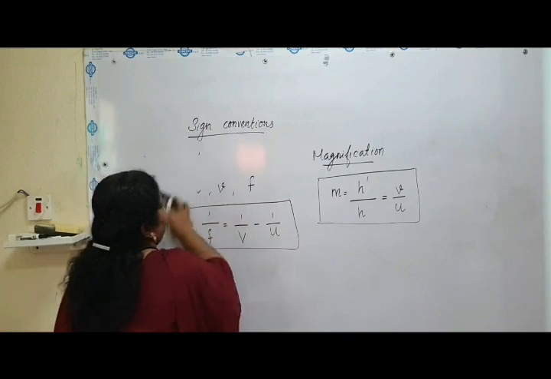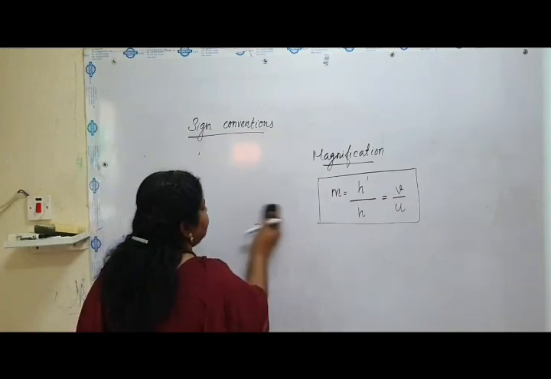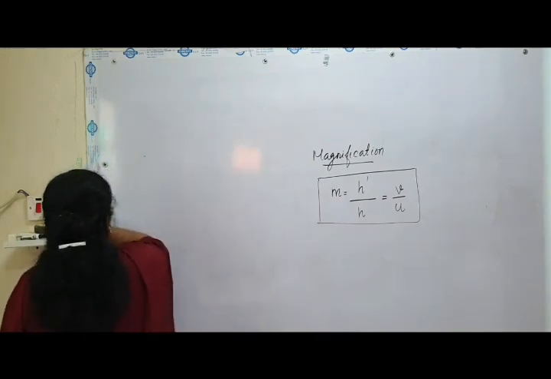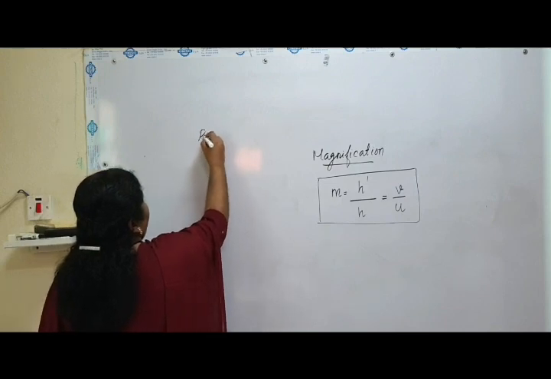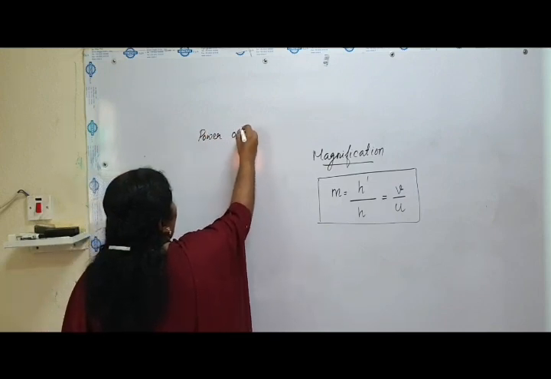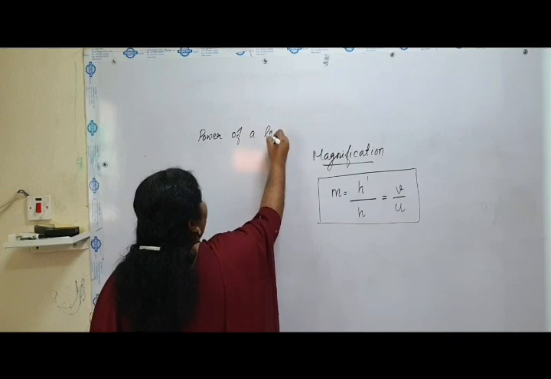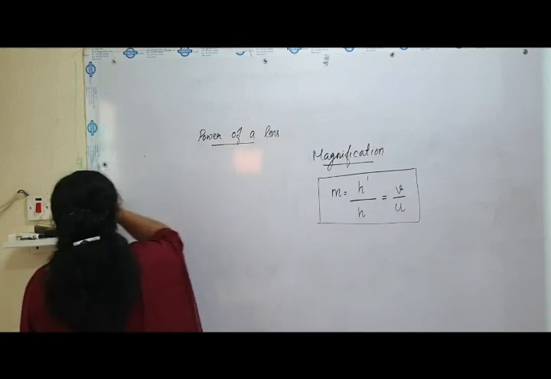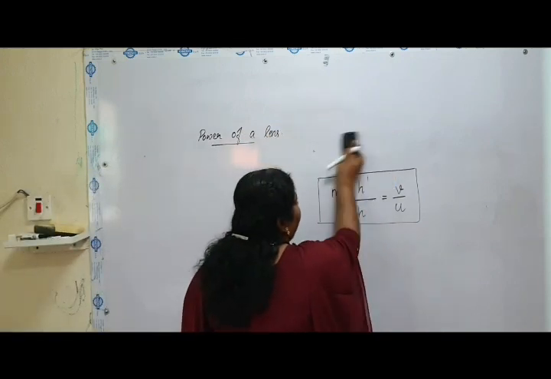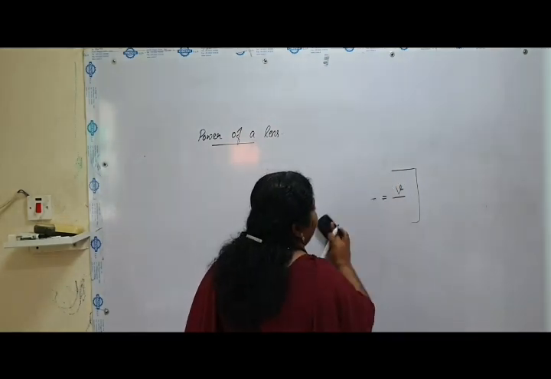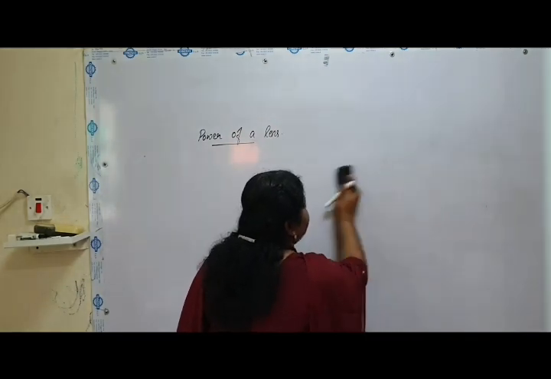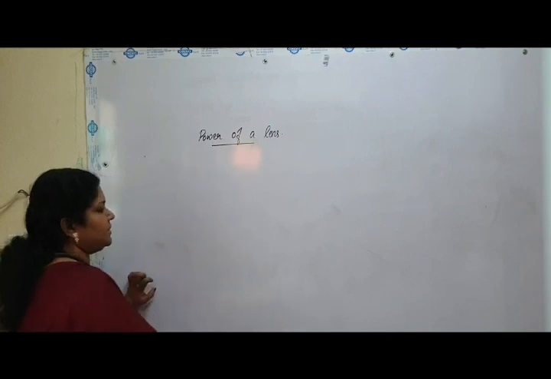Now we are going to see power of a lens. That is the last portion of this chapter. When you go to a hospital for an eye test or something, they will check your eye lens power. And then if some problem is there, they will suggest some glasses.